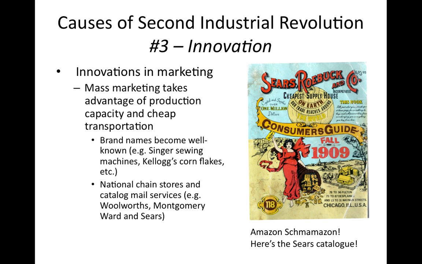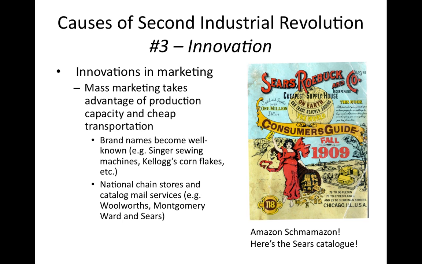You could buy just about anything, and then Sears would sell it for cheaper than you could probably buy it anywhere else, because they took advantage of the efficient production techniques. They took advantage of efficient transportation techniques. They took advantage of being a huge company so that they could buy at cheap prices and sell at lower prices than their competitors.